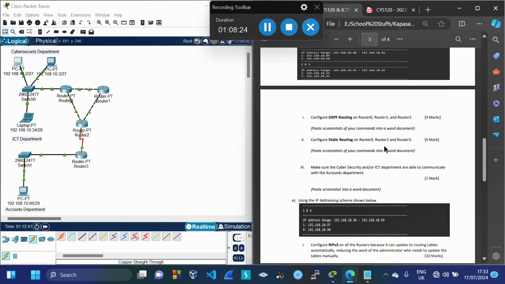So static, they are saying we configure on router 0, 2 and 3. So this is router 0, 2 and 3. I'll explain this. If we are targeting router 0, we need to know the opposite networks for router 0. Since router 0 is directly connected to these networks, which are cybersecurity and ICT, these are not opposite networks because they are directly connected.